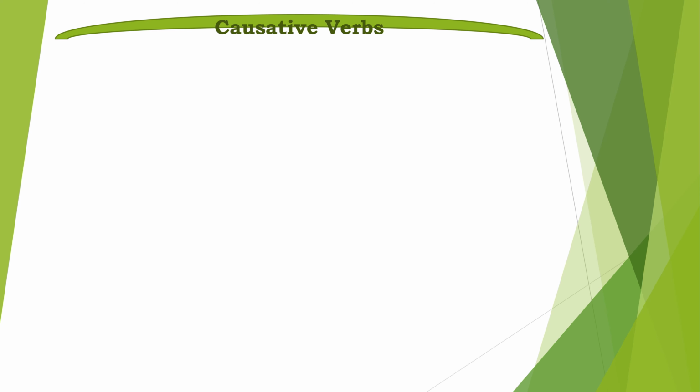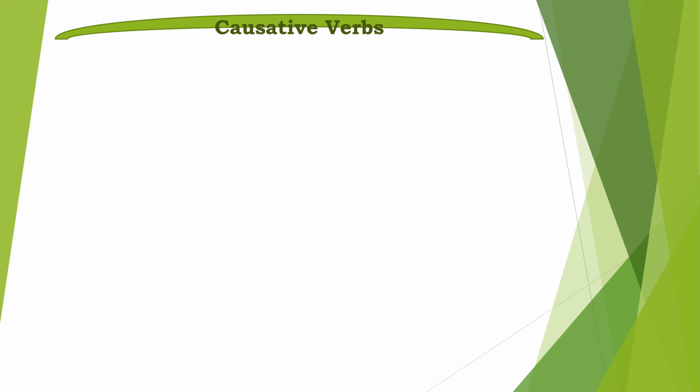Before looking at the definition, let's discuss why we need causative verbs and causative sentences. Let me tell you, we use a causative verb when we want to talk about something that someone else did for us or for another person.